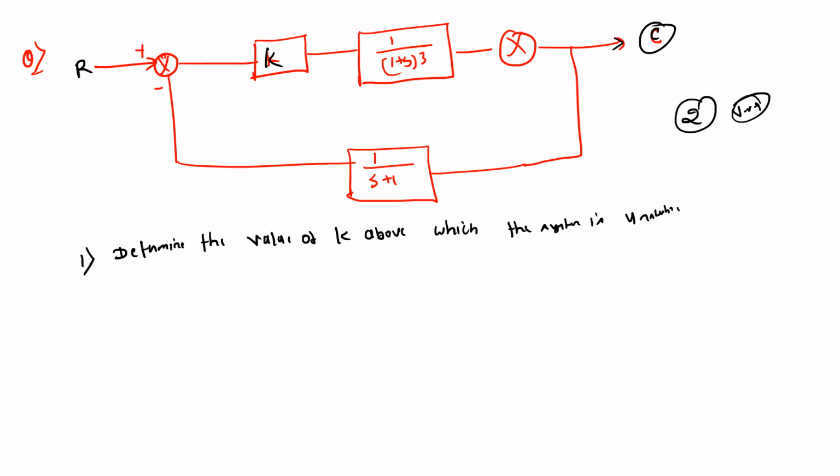Again, I'm telling you, Routh criteria is only applicable for the stability of the closed loop transfer function. It's not telling anything about the open loop transfer function. Second thing is that Routh criteria only tells you whether the system is stable or not.